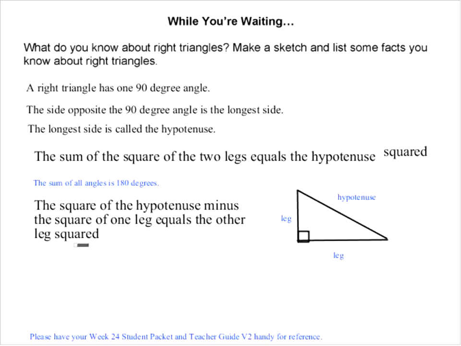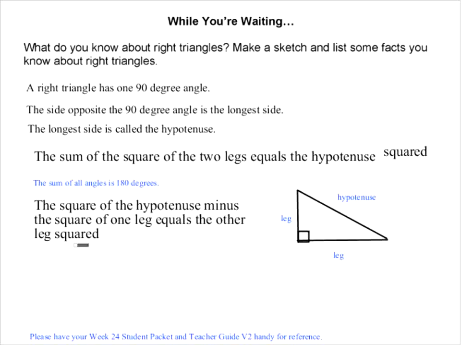First of all, we know that there's one 90-degree angle, and that 90-degree angle is actually opposite the longest side, and that longest side is called a hypotenuse. Someone else wrote that the sum of the square of the 2 legs equals the hypotenuse squared. That's actually one of the things that we will explore this afternoon, so I'm glad that somebody brought it up.